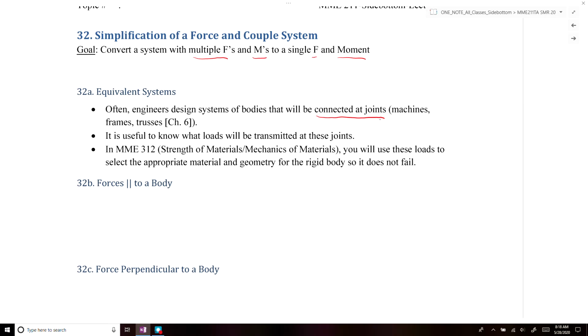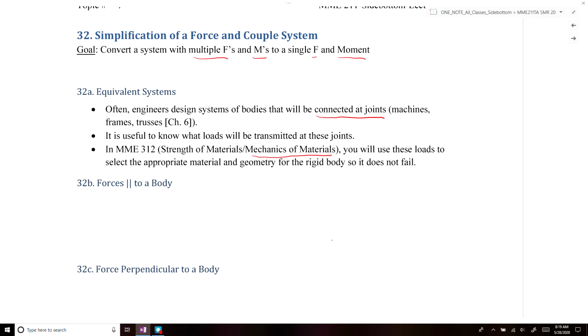Later on in your engineering career, you're going to take a mechanics of materials course, which will talk about how you can use these transmitted loads to select the appropriate material for that application, and also the geometry of that rigid body so it won't fail.